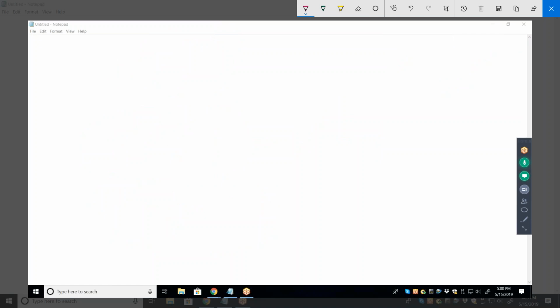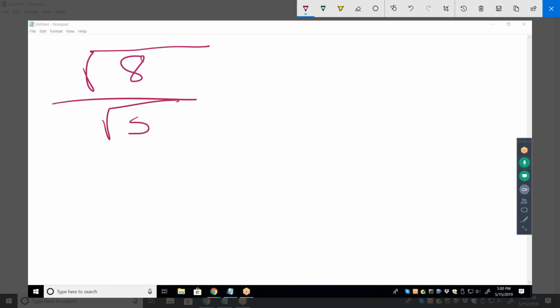So the square root of 8 over the square root of 5. You said 8? Yes, over the square root of 5. And then for the square root of 8, you have to put a 3 for like the cube thing. It's the cube root of 8. Yeah, the cube root.